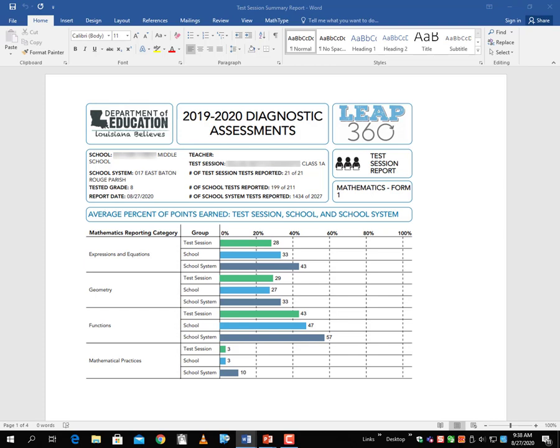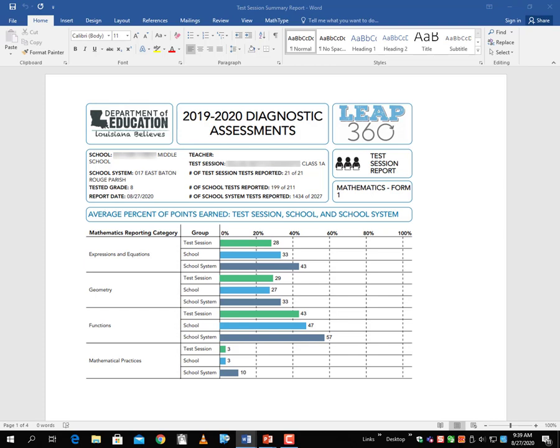the written response. And then you have information about the school system. So for this particular school system, EBR, 2,027 students were in test sessions, and 1,434 completed all test sessions, and the teacher scored the written responses.